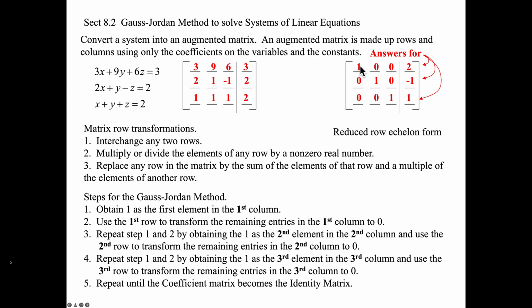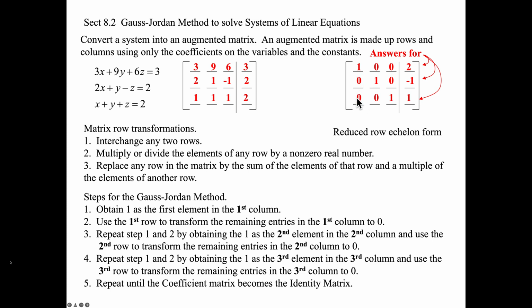Once he had the 1 here, then he wanted to turn these two numbers, let's say the 2 and the 1, into zeros. Well, that's where we're going to multiply something to the first row to get the opposite of what we have here, add it together, and make that new equation where this x had canceled out.